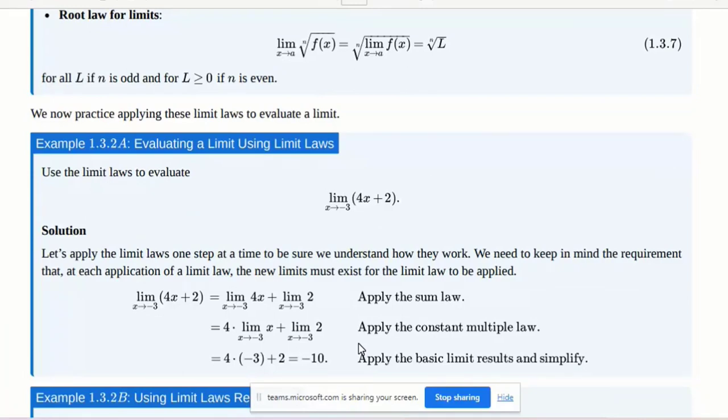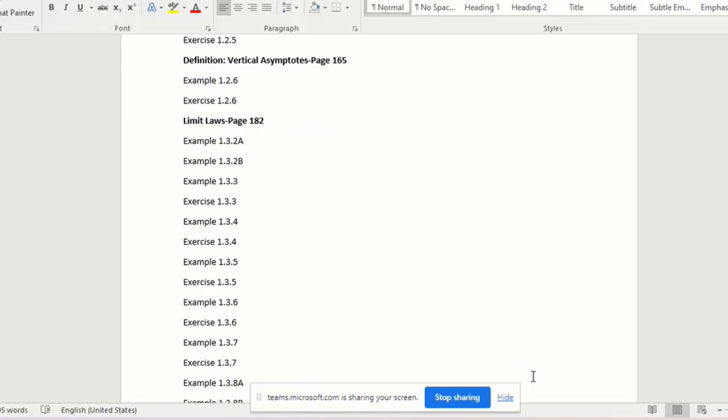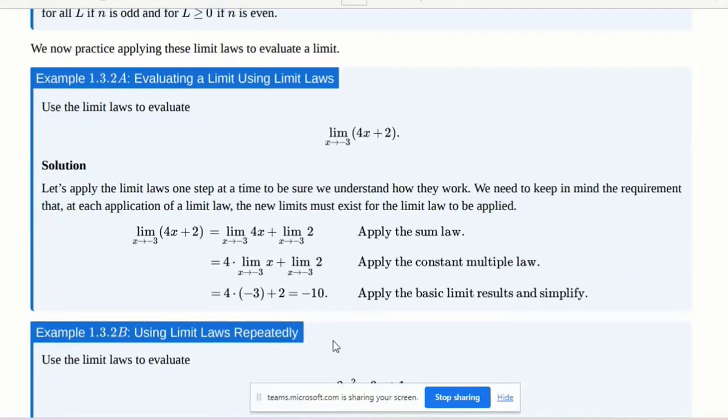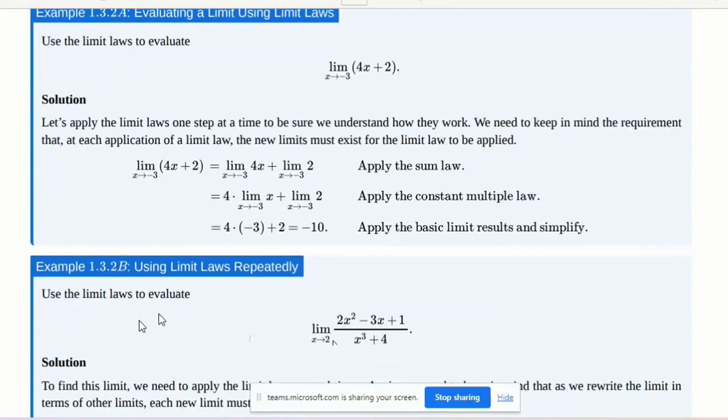Okay, now let's look at 1.3.2b. Use the limit laws to evaluate the limit of 2x squared minus 3x plus 1 all over x cubed plus 4 as x approaches 2.